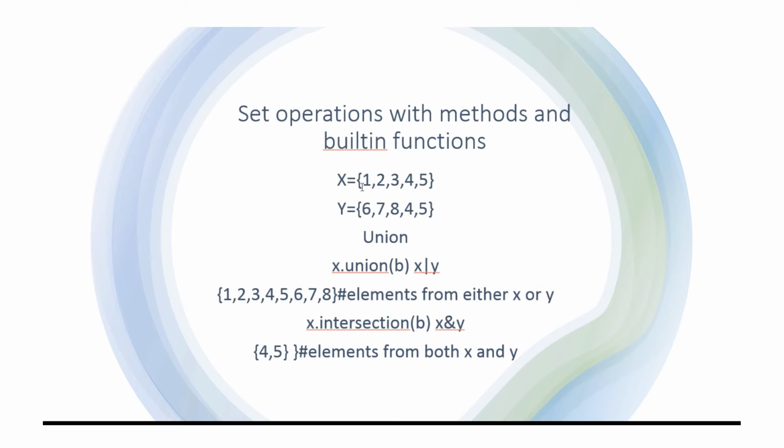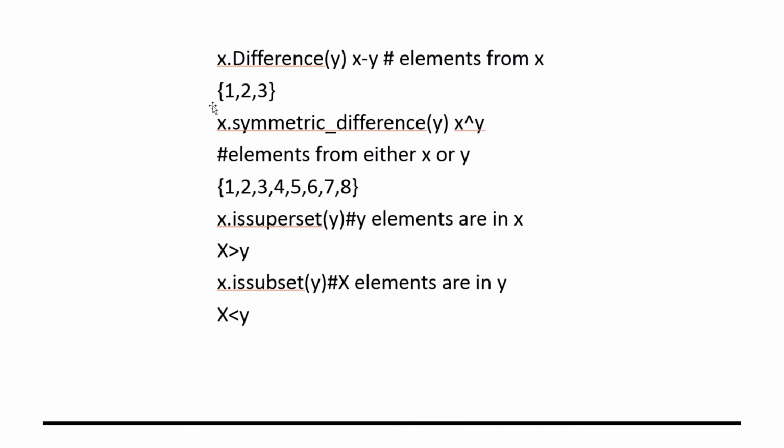Then 1 2 3 is unique in x. So this is the way you get the output 1 2 3 for this difference operation. It will give you the subtraction set, subtraction also you can say. Only the elements from x you will be getting. This is the way you can symbolize the set difference operation, x minus y.